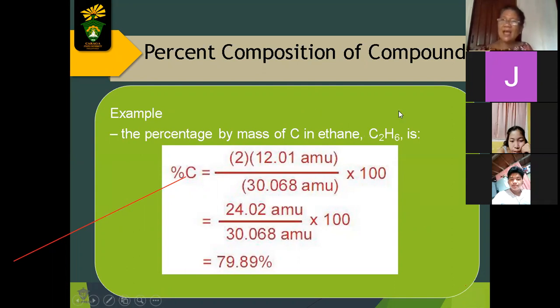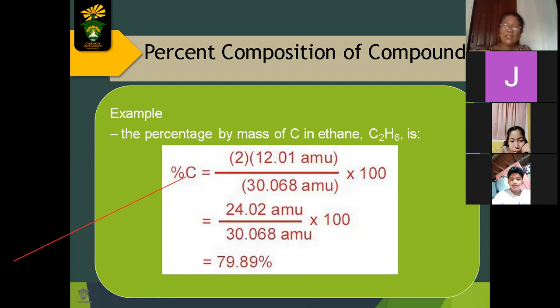What is the percentage of hydrogen? Same. Percentage of hydrogen is 6 multiplied by 1.01 atomic mass unit of hydrogen, divided by the molecular weight of the compound. Or you can do it this way: if you have the percentage of one element in a compound, all you have to do is subtract it from 100. 100 minus 79.89 is 20.11.